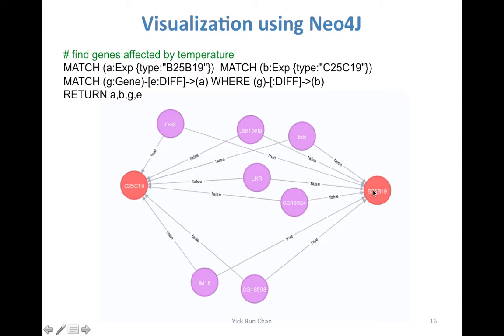In this graph, I see that 4 of them are downregulated and 1 of them is upregulated. There are 2 genes that are upregulated in one dataset but downregulated in the other. Since they are not consistent, they might not be good candidates. So I end up with 5 genes in this case.